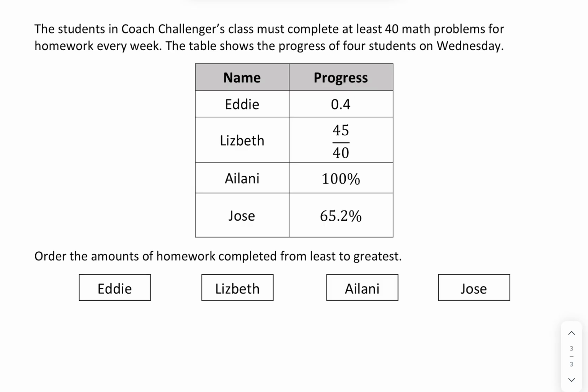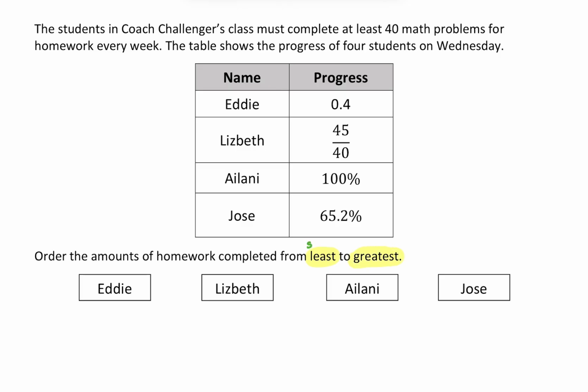All right, next question. The students in Coach Challenger's class must complete at least 40 math problems for homework every week. The table shows the progress of 4 students on Wednesday. So we have Eddie, Lizbeth, Ailani, and Jose. Order the amounts of homework completed from least to greatest.